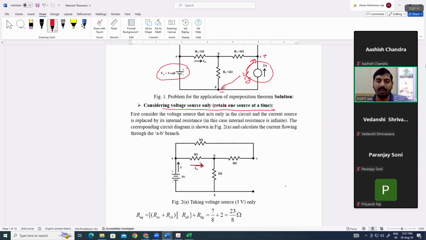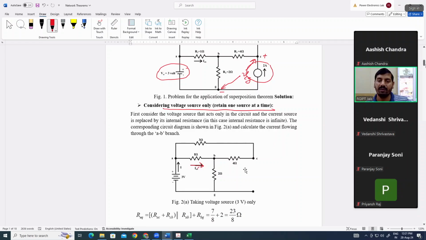This is IAB, so we can consider this as IAB dash. And we have to calculate it by considering the remaining circuit. Clear? You can use any method to solve the circuit.